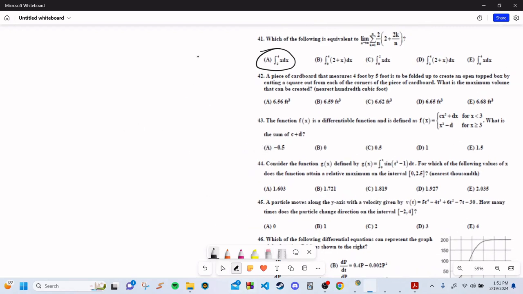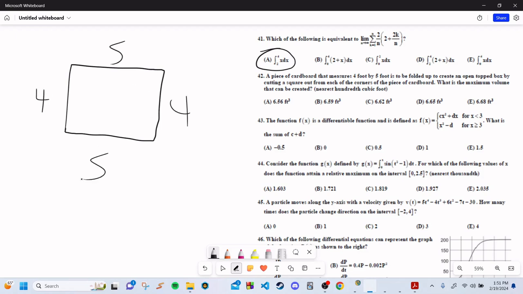Okay, so it's another calculus question. So, we have a piece of cardboard that measures, let's make it more similar, yeah, it looks like 4 by 5. So 4 foot by 5 foot, and it's folded up to create an open-topped box by cutting a square out of each corner.